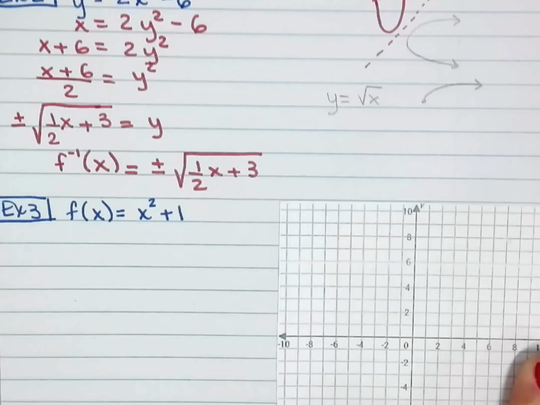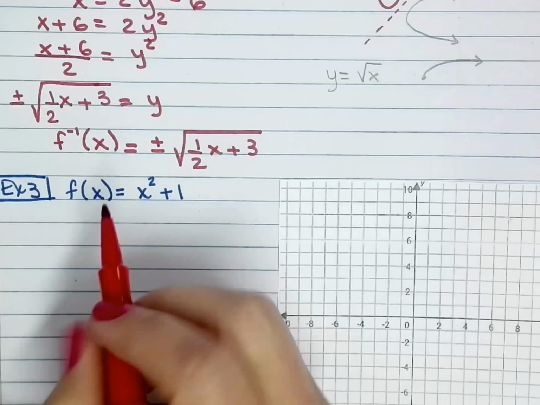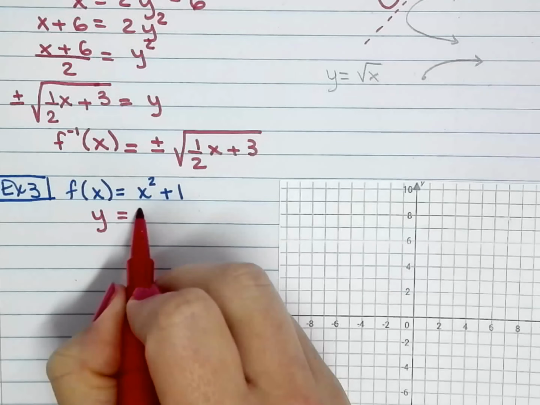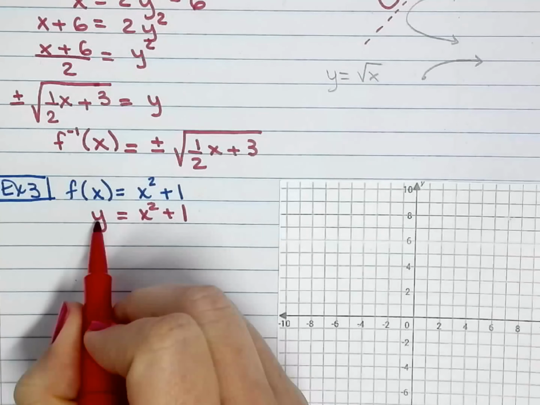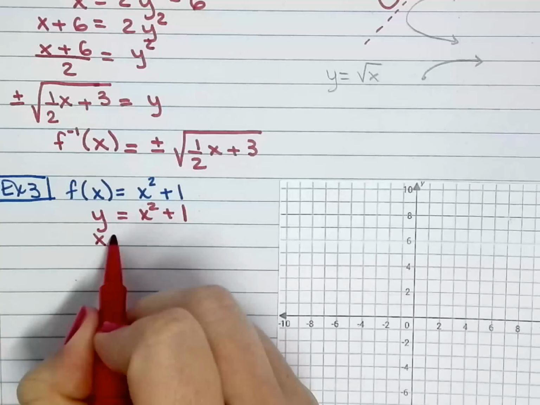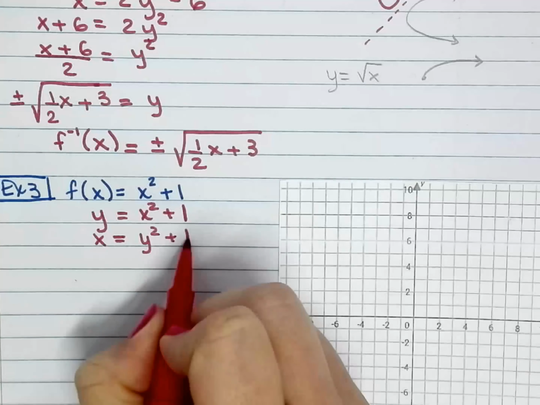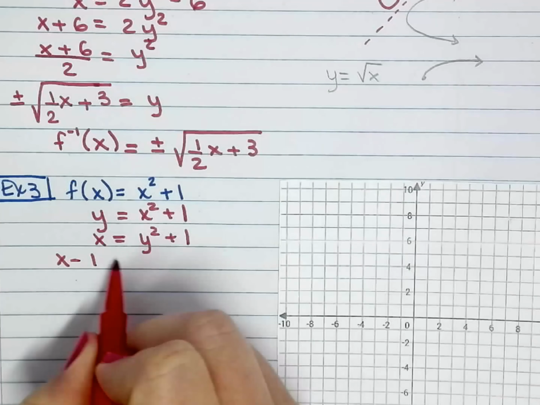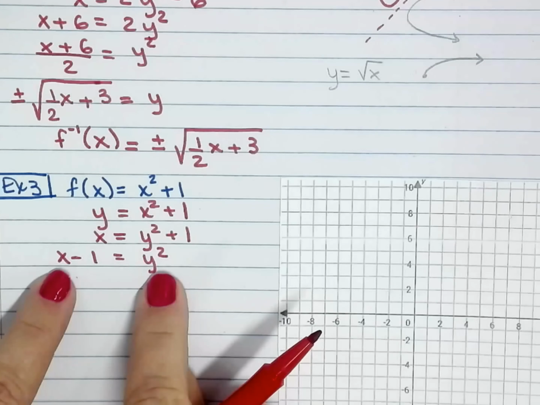Last one. Same thing, f of x is the same thing as y. The next step, I will switch x and y. So now where I see y, I will write x, and where I have x, I will write y. Then add -1 to both sides, and then square root.